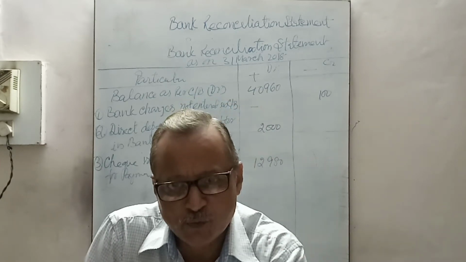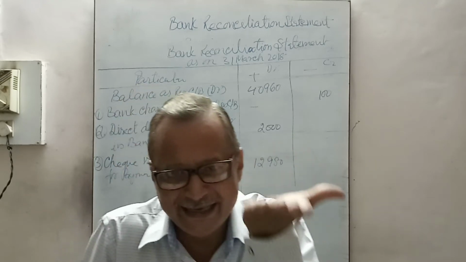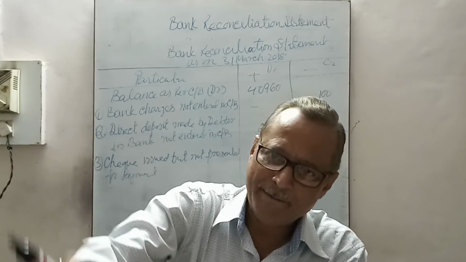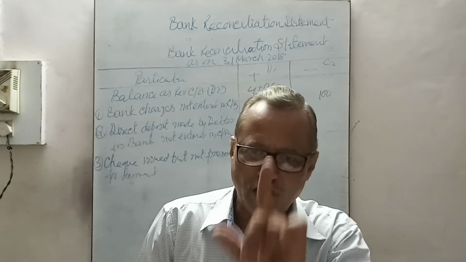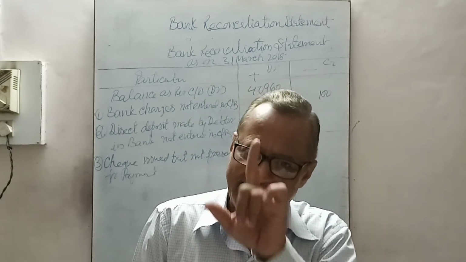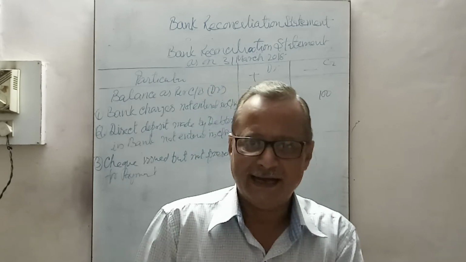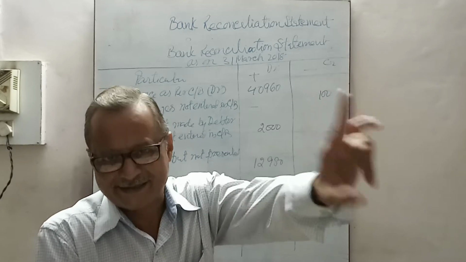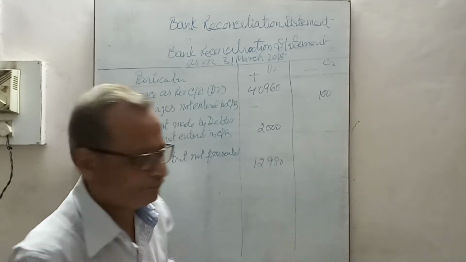So this cash book balance is showing an increased balance by rupees 800 in comparison to the passbook. So we will not write the 6,900, we will write only 800, and that is the minus item that will be reduced from the cash book because it was shown in excess of the passbook.